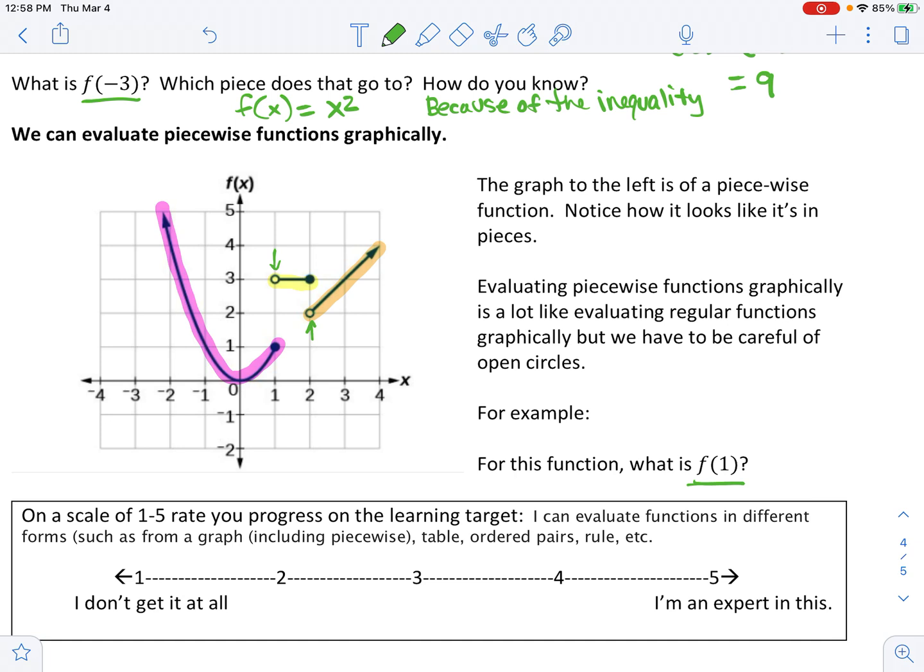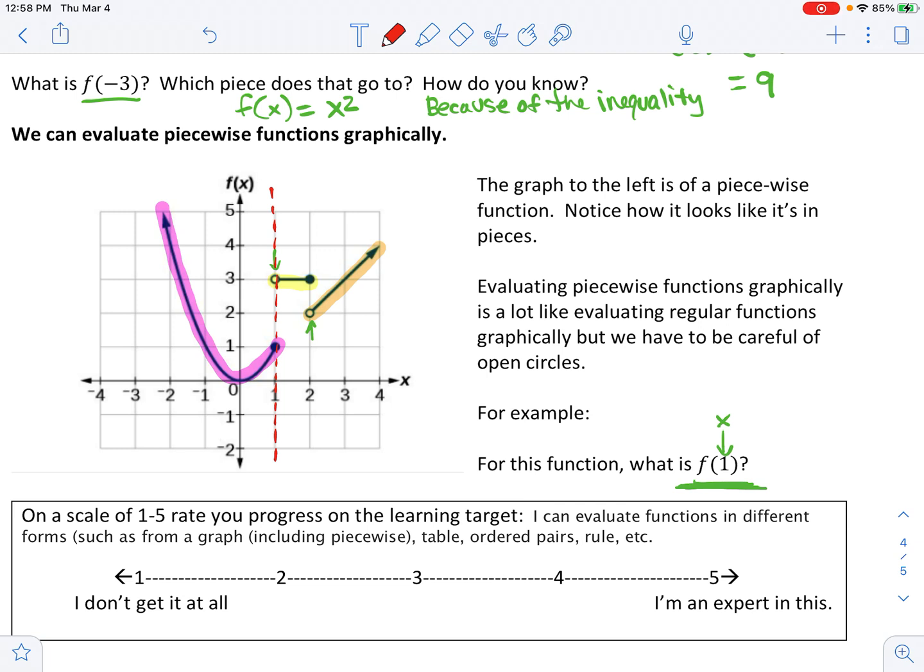What is f of 1? F of 1. So remember, the 1 is in parentheses, so this is our x value. Okay, so we're going to go to 1 on the x-axis, and I'll do this in red. We're going to go to 1 on the x-axis, and we're going to go all the way up like this.